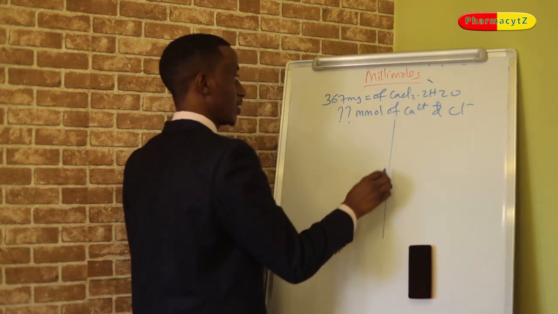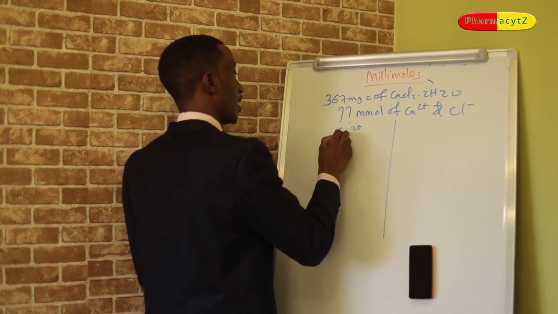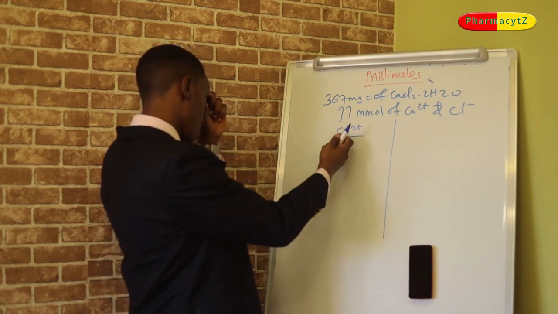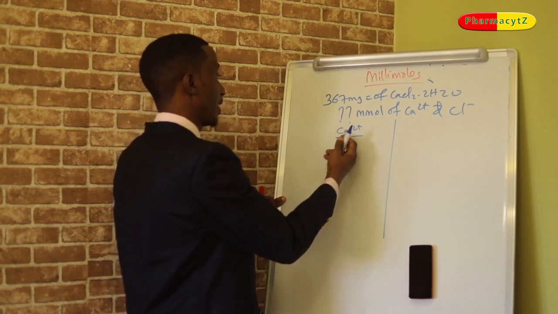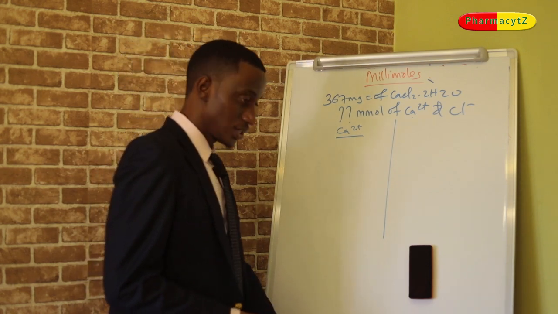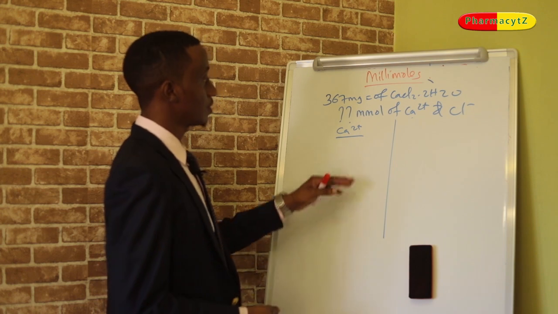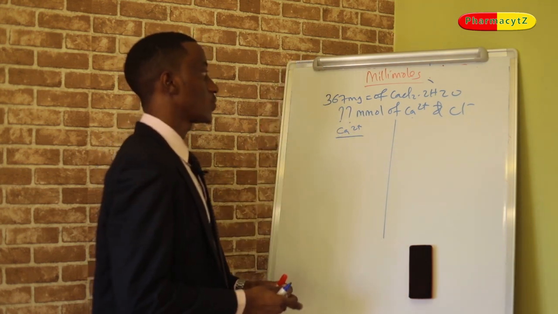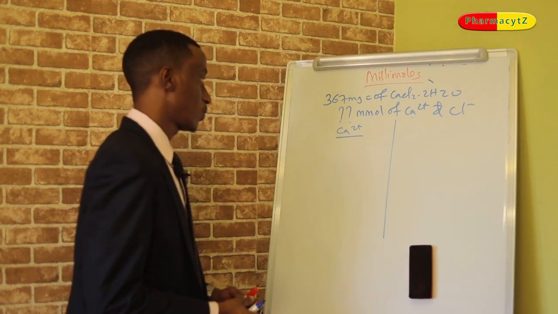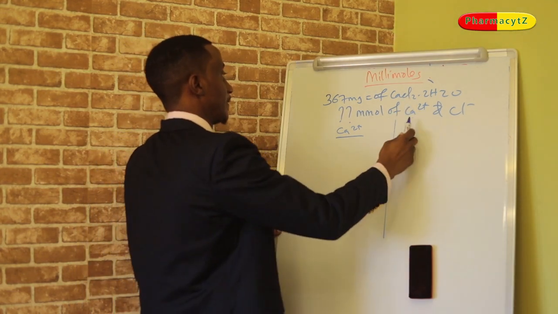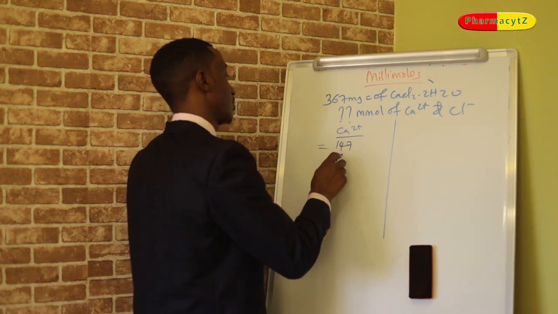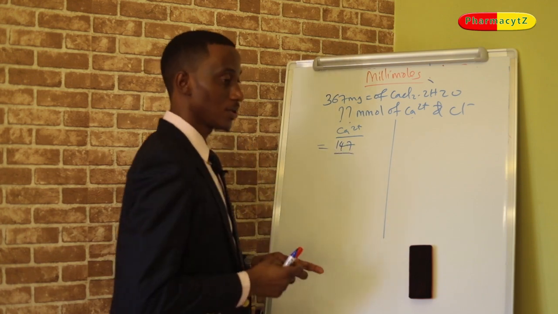So let's begin with calcium. We need to know the number of millimoles provided by this amount by proportion. So we need to know how much calcium chloride 1 millimole provides. Because this was the whole salt, we are going to consider the molecular weight of the whole salt, which is 147.